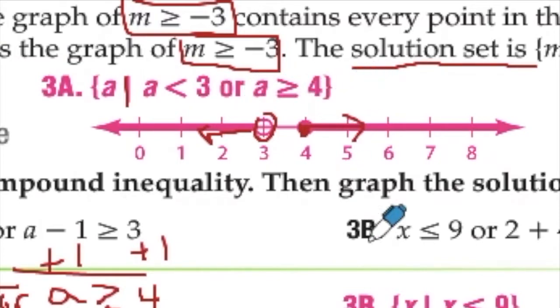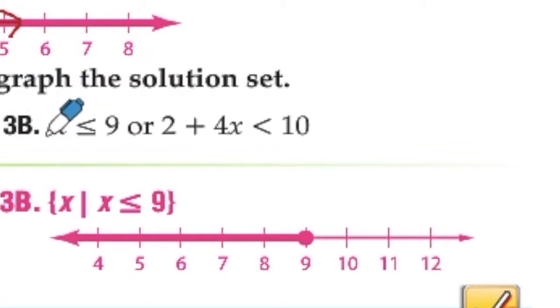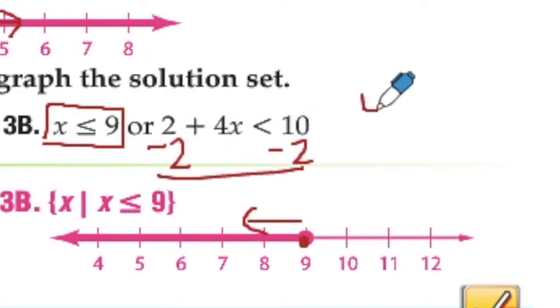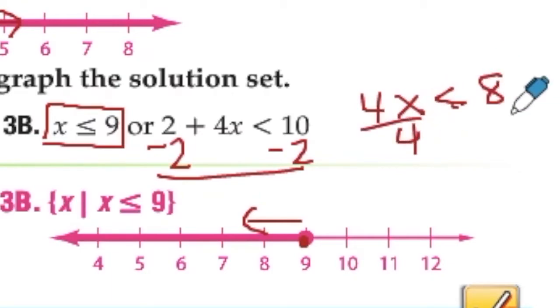And our solution set is A such that A is less than 3 or A is greater than or equal to 4. For B, we have x is less than or equal to 9, so that's a closed circle at 9 with an arrow to the left. And then we also have our second inequality that when we solve it, we get 4x is less than 8, divide by 4, divide by 4, and we have x is less than 2.